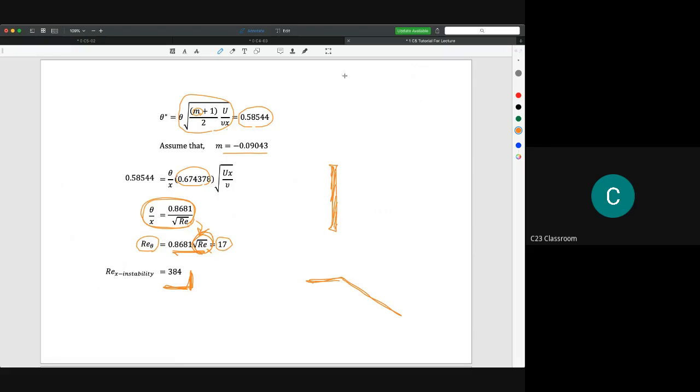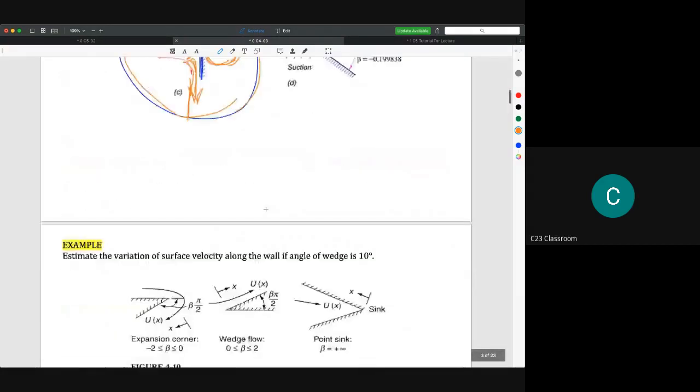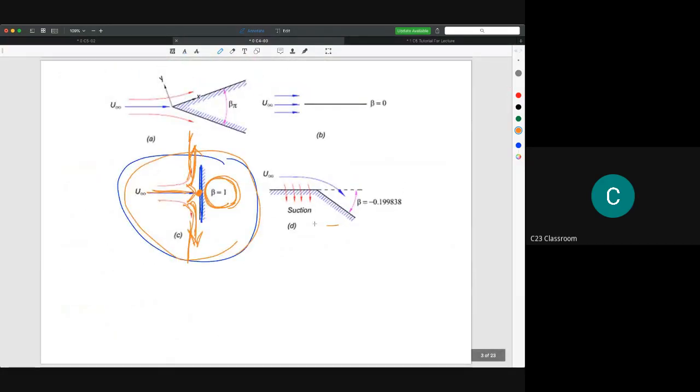If we see the situation here, if it is negative, this is the negative here. So the situation is totally different. That's why the Reynolds number is maybe totally different.